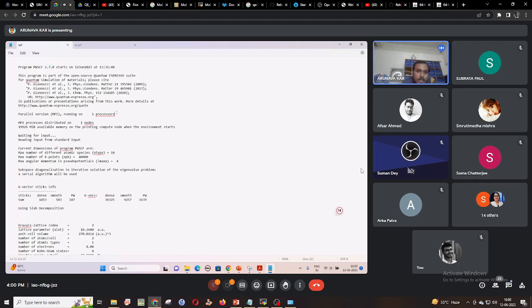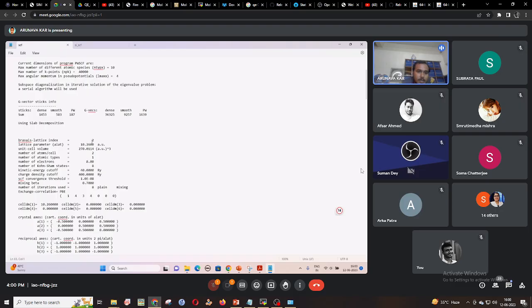We are using a single processor for the run, and it is using one node. Here it is showing ibrav 2 and the lattice parameter I have used. It calculated the volume, and it shows how many electrons it is using. The number of wave function states is also shown here.